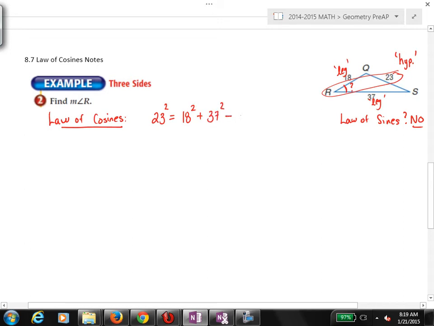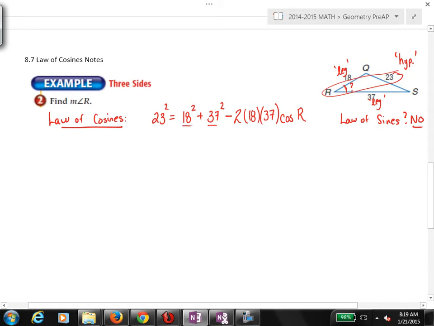And this is where it changes from the Pythagorean theorem to the law of cosines: you're going to say minus 2 times whatever you had here, these two sides, which end up being the two legs of the right triangle, in quotations, of course. So it's going to be 18 times 37, and then cosine of the angle between these two sides right here, which is a variable. You can call it x, or we can just call it r.